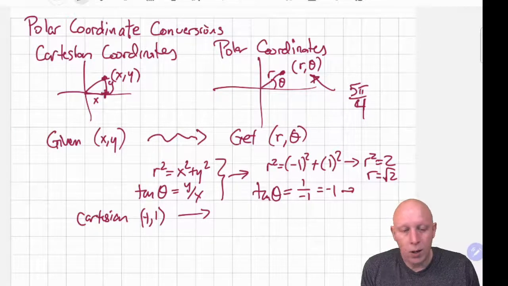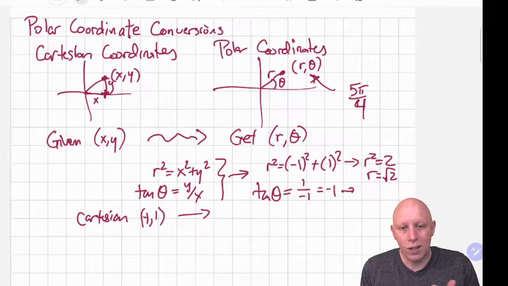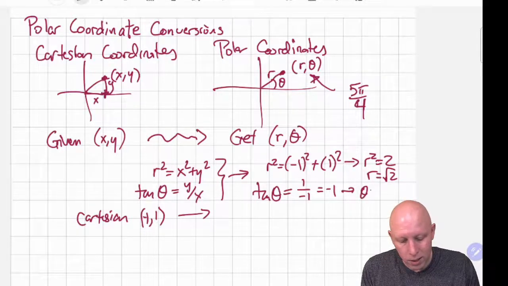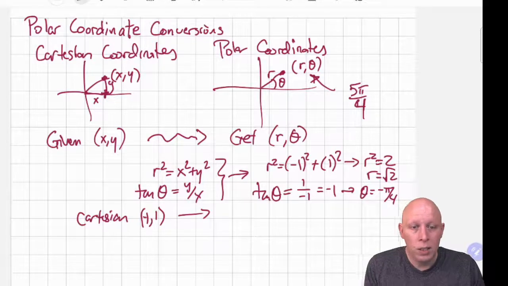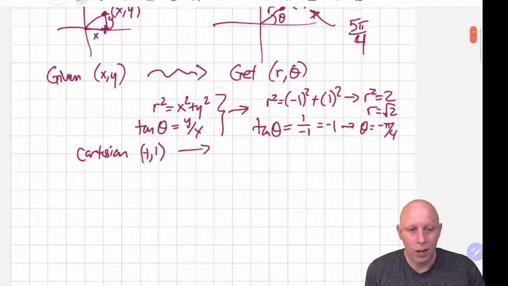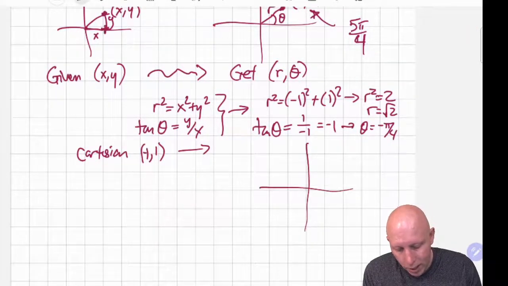And so we need to remember what some of these key trigonometric values are. Tangent of theta is equal to negative 1, which gives us that theta is equal to negative pi over 4. So let's now put this into the plane and make sure that everything looks right. When we're at (negative 1, positive 1), we're up here.